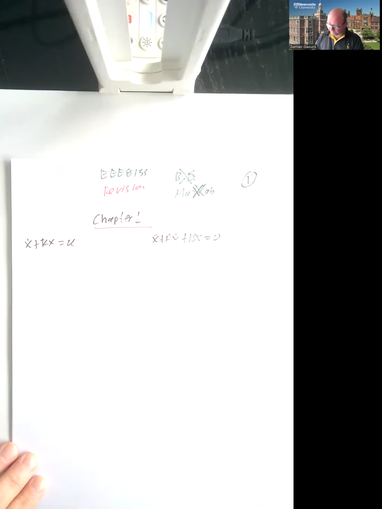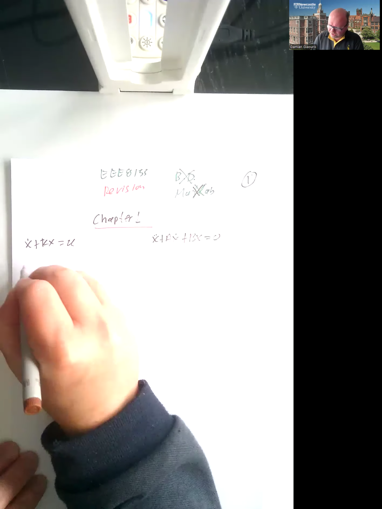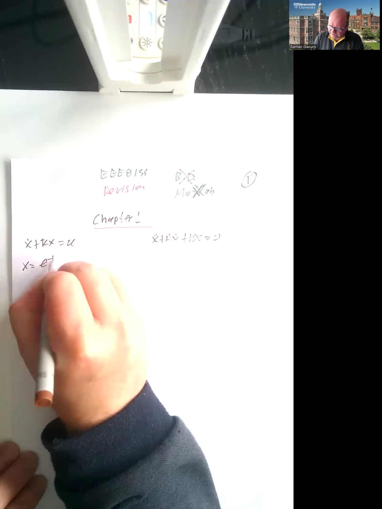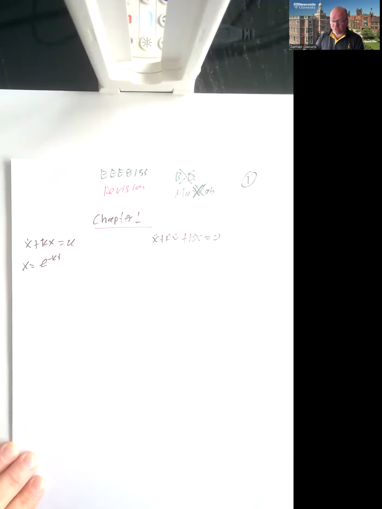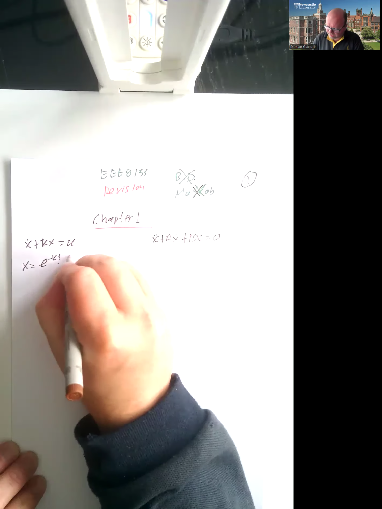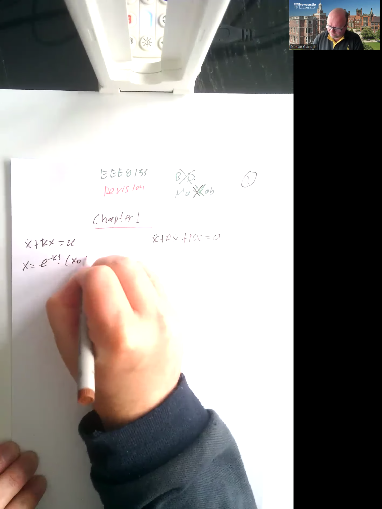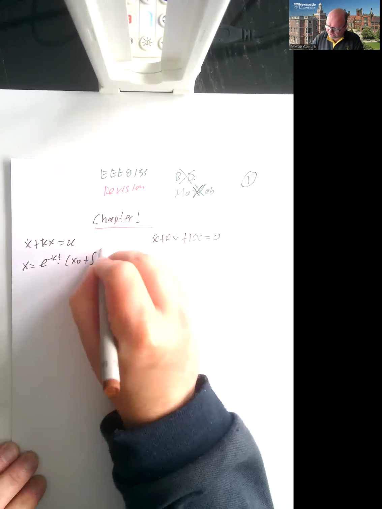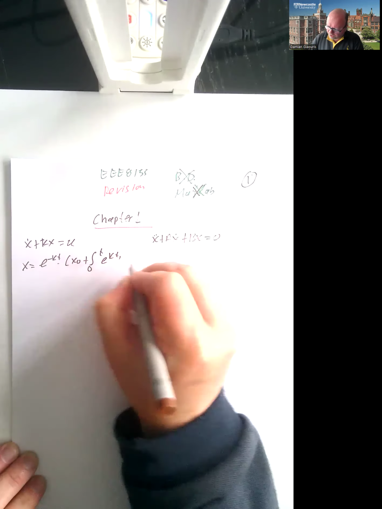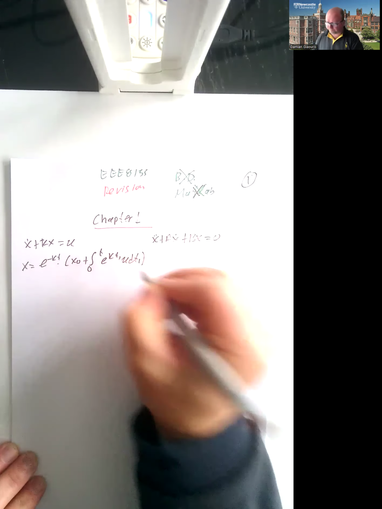Now, in order for me to solve this, I can use the classical formula, which you will be given, so you don't have to memorize this. This is going to be x naught plus the integral from 0 until t of e to the k(t minus t1) u dt1.